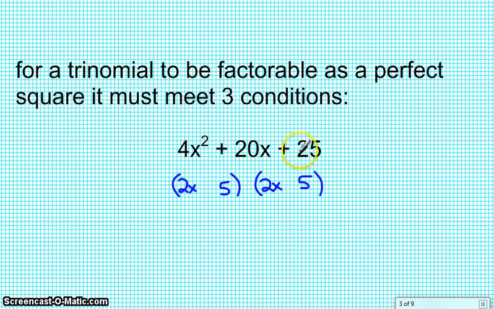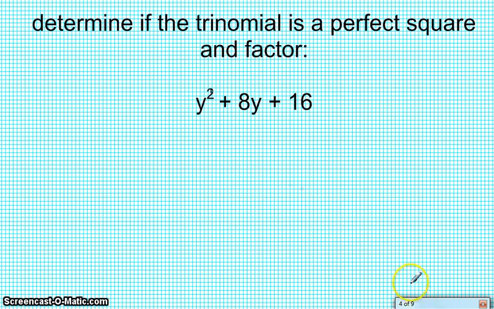And since the whole trinomial is all positive, there's no negatives in there, I'm just going to put pluses in there. Now, if you look at this, I have two identical binomial factors, 2x plus 5 and 2x plus 5. So, to simplify it even further, we can write it this way. Since they are identical, it is 2x plus 5 squared. And that is how we factor a perfect square trinomial.